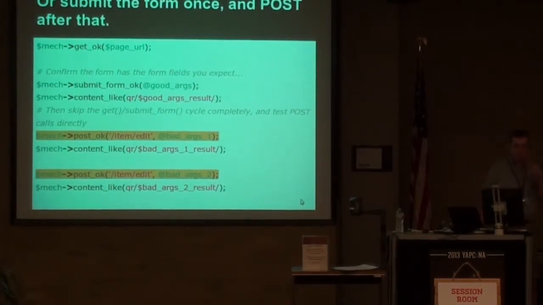This is a variation on the same idea. If you're testing a form with Mechanize a bunch of times, you can submit the form once through submit form OK, and that makes sure that the form has all the fields you want and that it can generally submit OK. But after that, you can skip reloading the page again and just potentially post to the run mode that processes it over and over.